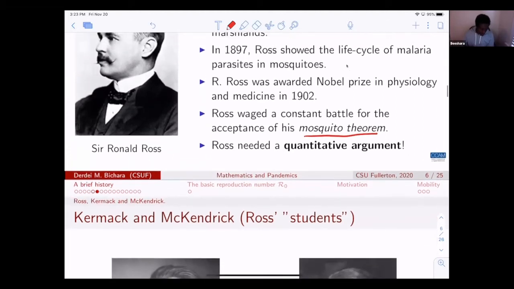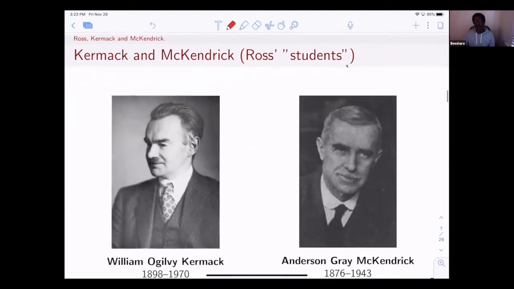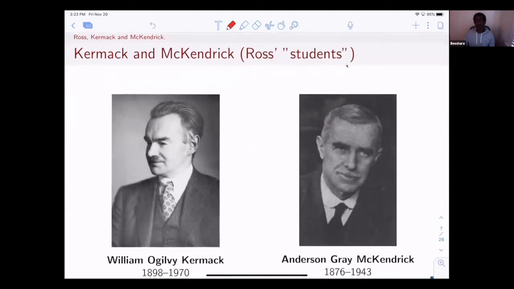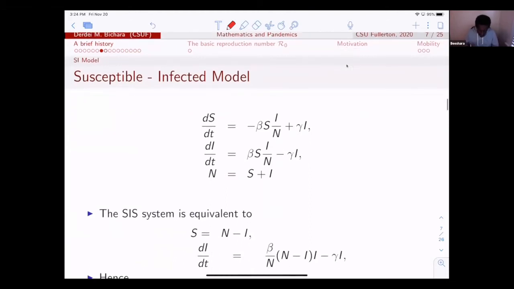Okay, so now a couple of his students showed up, and they want to know what's going on not with mosquitoes and humans, but more with pathogens and viruses. So the first model they came up with is the simplest one, the SI model.